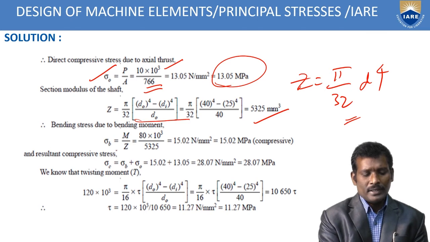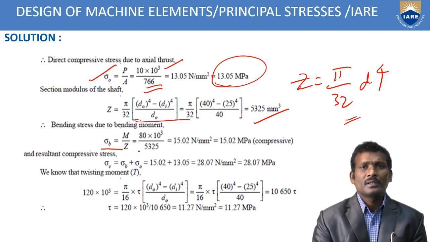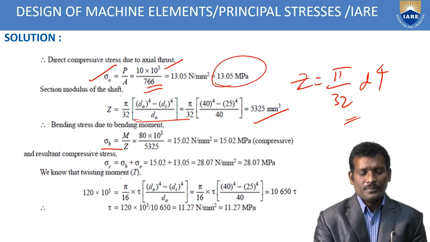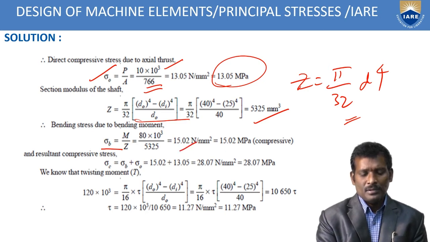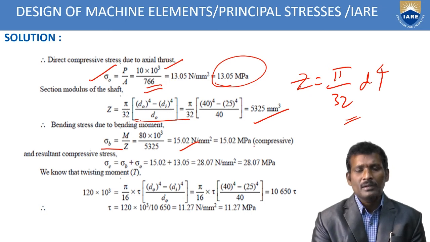Calculate the bending stress σb by using this relation, M by Z, where M is the bending moment and Z is the section modulus. Substitute the calculated values and you will get 15.02 megapascal. This is compressive.